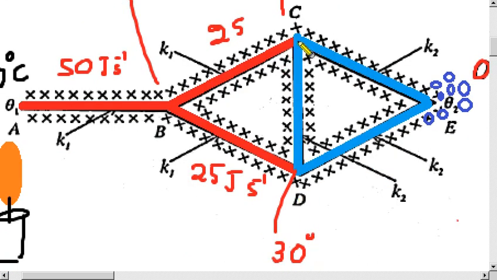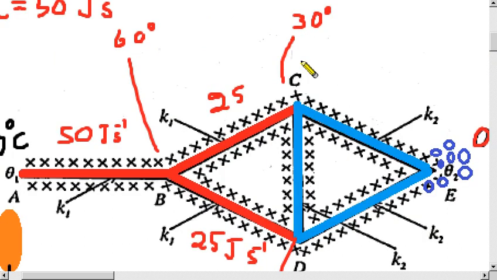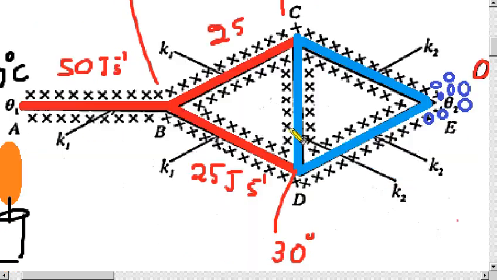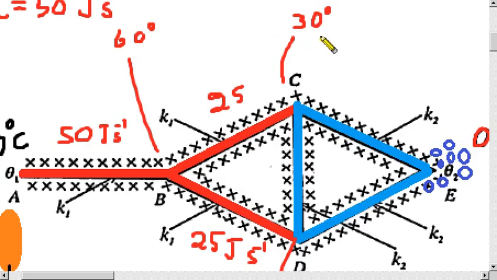So can any heat flow along this rod this way or this way? No, can't, because there must be a temperature difference for heat flowing, but there is no such difference. Temperatures are equal. So therefore along this rod no heat is flowing, therefore no influence, so we can delete it.